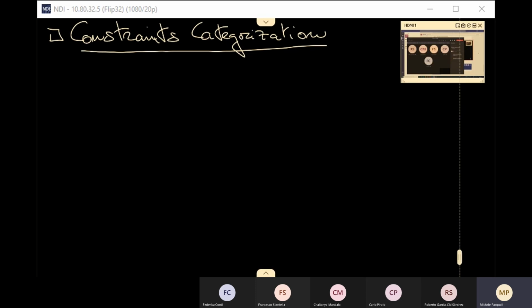In fact, we already mentioned the difference between holonomic and non-holonomic constraints. So we said that for holonomic constraints, they had this form.